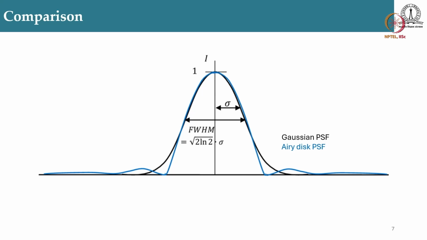It is not something that appears from the fundamental equations of optics, but it is an approximation for the central dome of your airy disk PSF, which you can estimate using wave optics, or the interference pattern that is generated considering the light rays originating at the edge of the light cone from the aperture. You can refer to any of the optics books and clearly find how this airy disk is formed. But we will stick to Gaussian PSF.